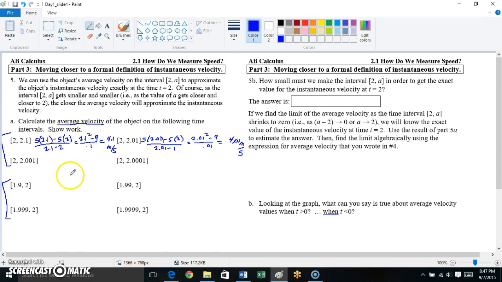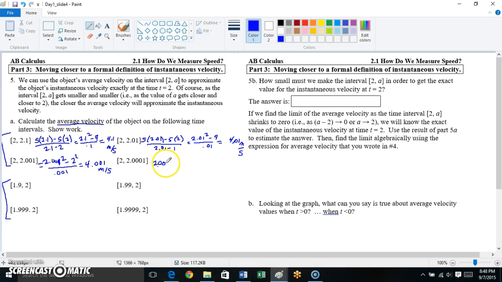All right, if we continue on with each of these calculations, 2.001 squared minus 2 squared over 0.001, we get 4.001 meters per second.